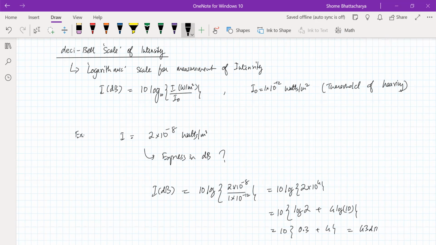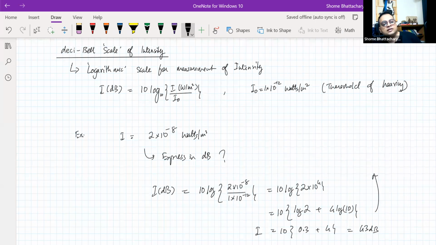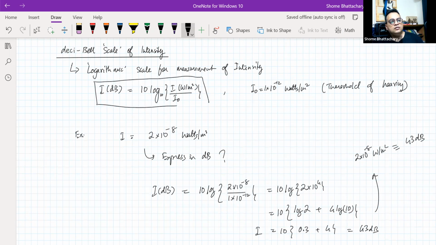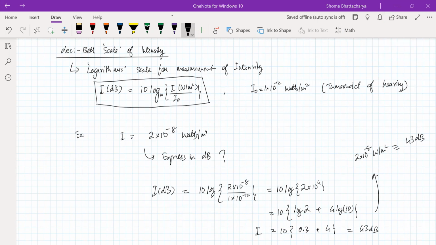So basically we can say that 2 into 10 raised power minus 8 watt per meter square converted to decibels is 43 decibels. So this is the formula, and this is the simple application of the formula. Now, there are a couple of things related to this that we should know. So write this down first quickly, and then we'll discuss that.